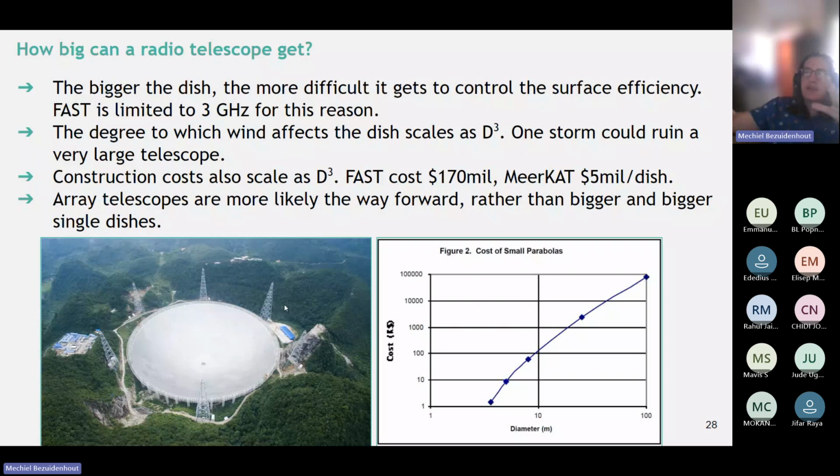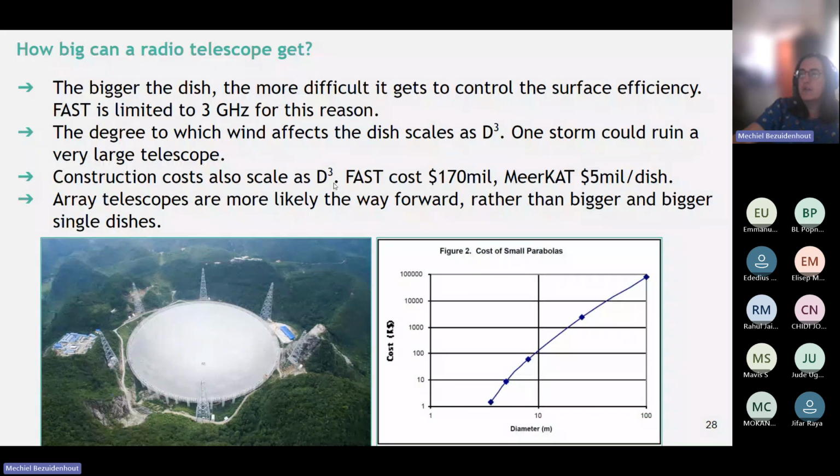But they had a setup where the receiver of the telescope hangs overhead, supported by struts. And the wind and storms eventually just caught those struts and brought the whole thing down. And it's not working anymore. Many millions of dollars gone with it. So the wind is a big problem.